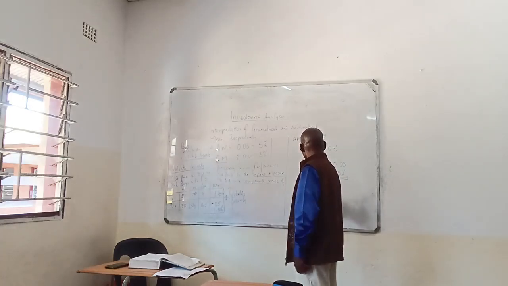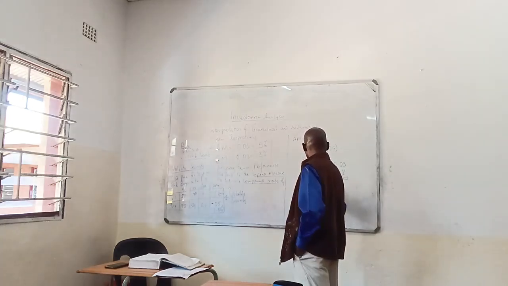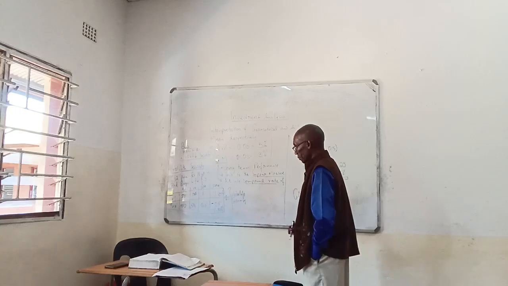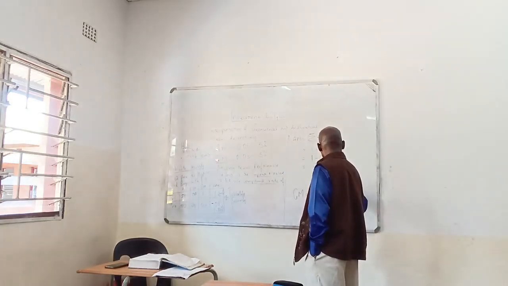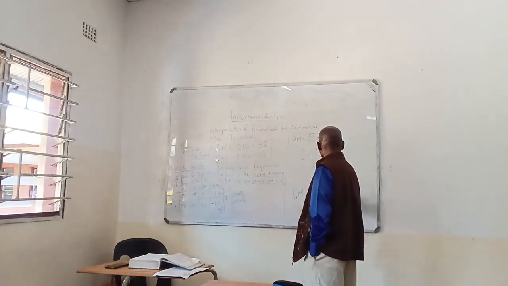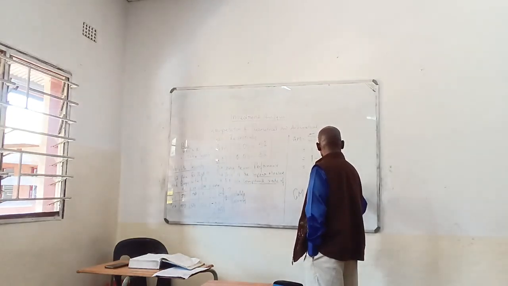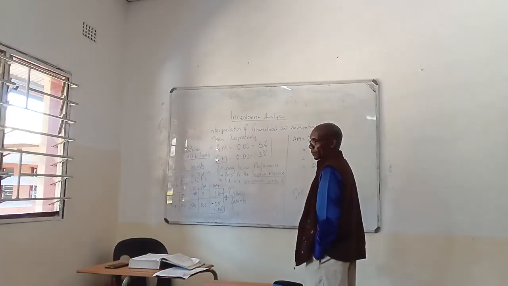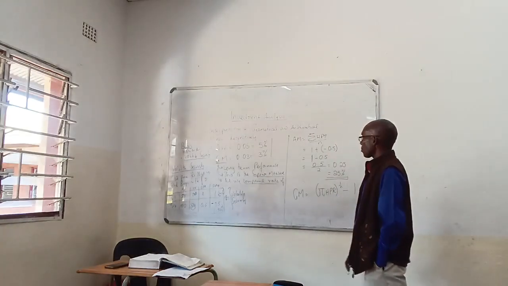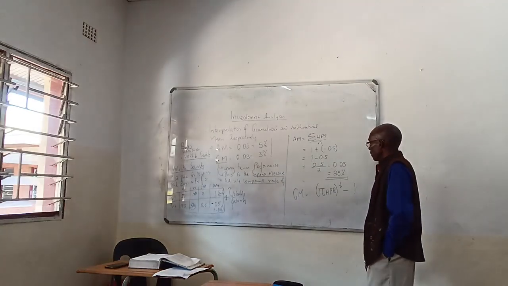GM is equal to the product of HPR to the power 1 over N, minus 1. How do you do that?